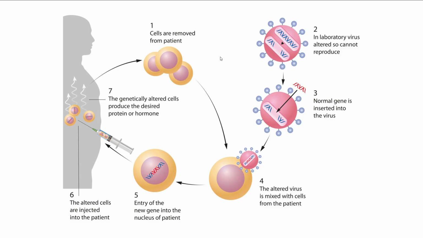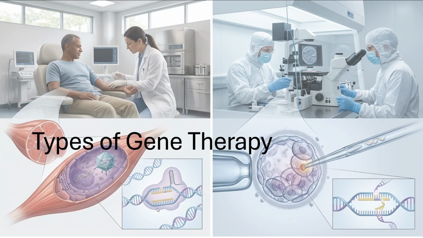Then the new gene enters the nucleus of the patient, and once it's accepted and has adapted to the new environment in the nucleus, the nucleus will now identify that newly integrated gene as normal and will use it to code the proteins correctly. It's like being given a new formula, the right formula to make proper protein, instead of the one that made the damaged ones. So that's how it works.